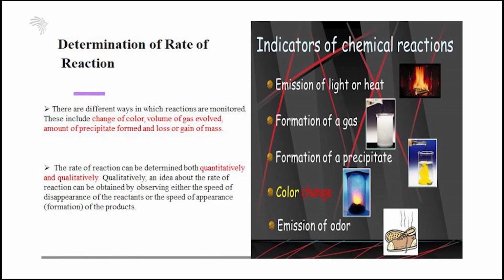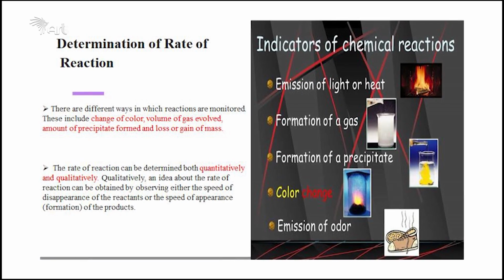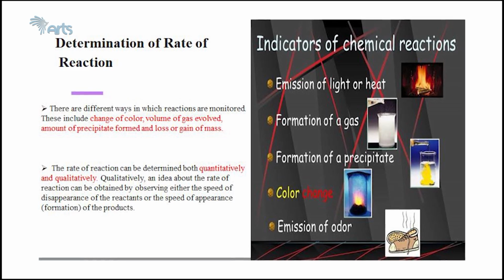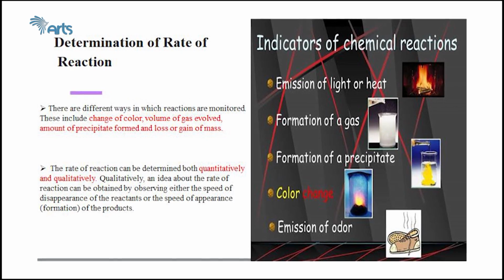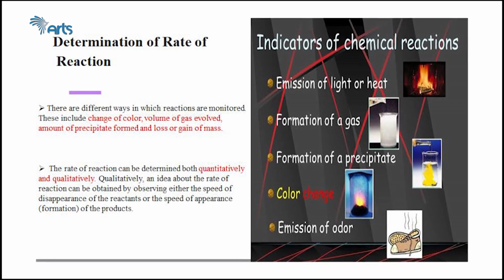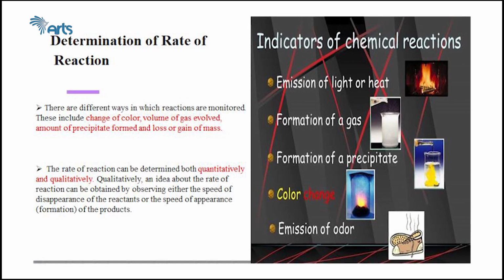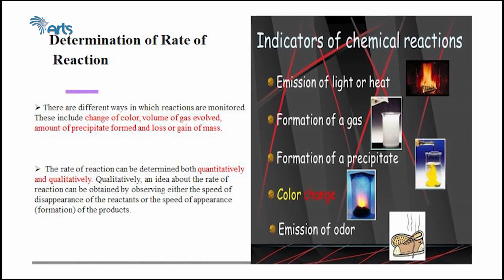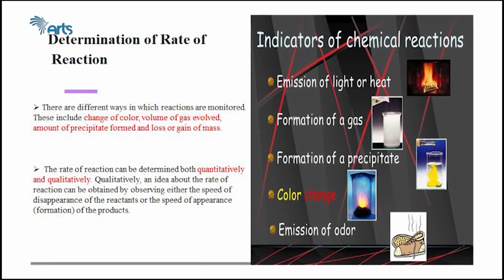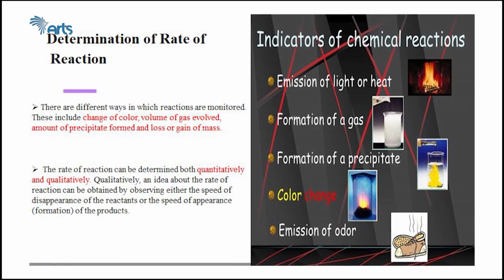A precipitation in chemistry, of course, the word precipitation does have different meanings, but here we're specifically looking at the meaning of precipitation in connection with chemistry. The term precipitation literally refers to those solid substances that appear at the bottom of a test tube.